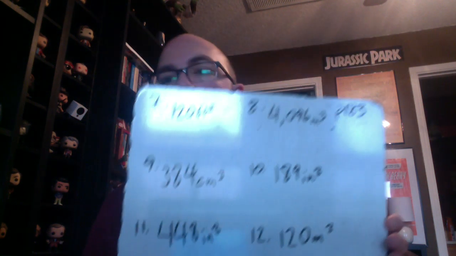Next one, 8 times 8 is 64, 64 times 7 gives us 448 inches cubed. And then 8 times 5 is 40, times 3 is 120 meters cubed. There is page 183.